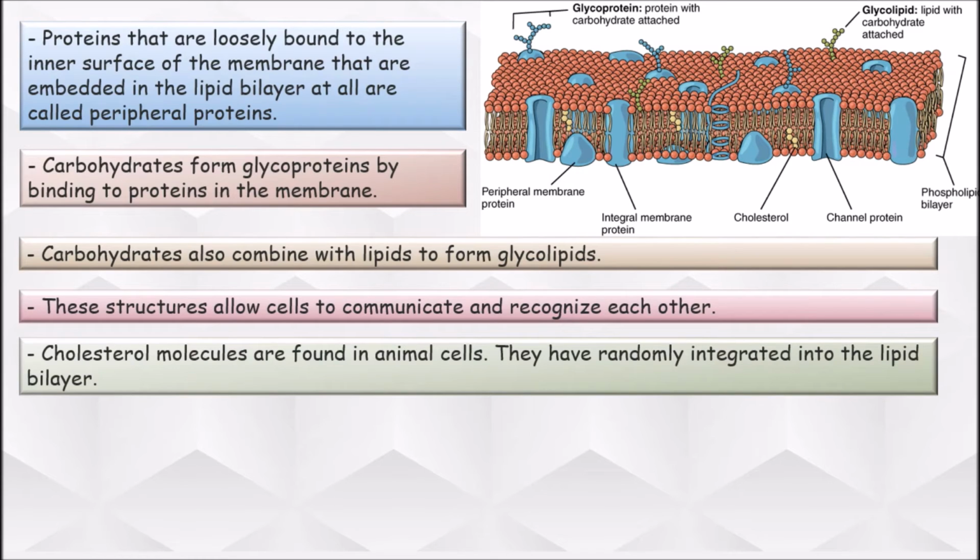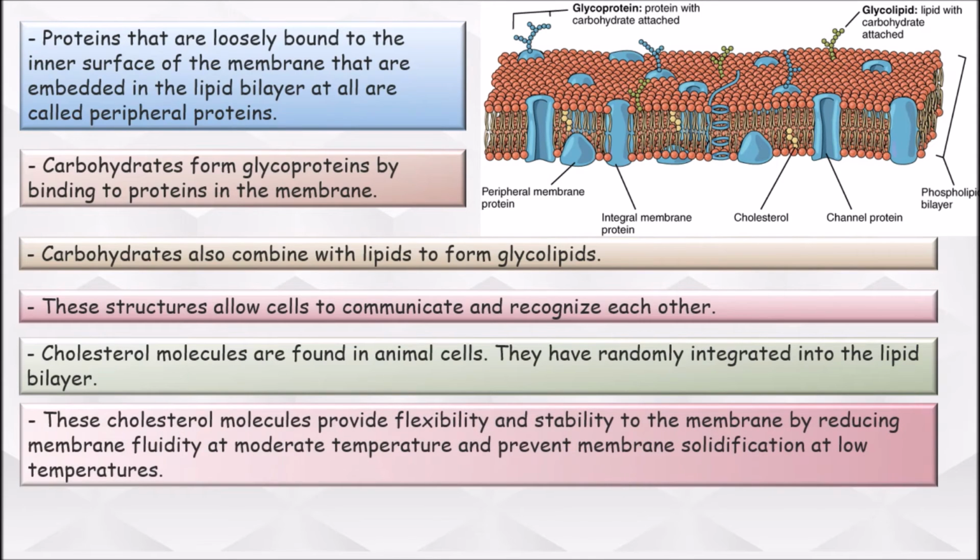Animals have an additional membrane component called cholesterol. Cholesterol molecules are randomly integrated into the lipid bilayer. These cholesterol molecules provide flexibility and stability to the membrane by reducing membrane fluidity at moderate temperatures and preventing membrane solidification at low temperatures.